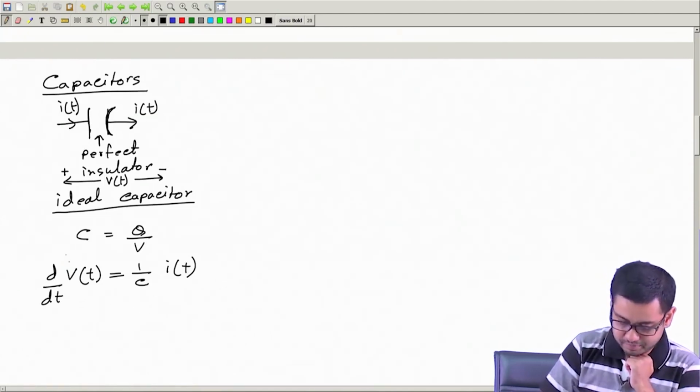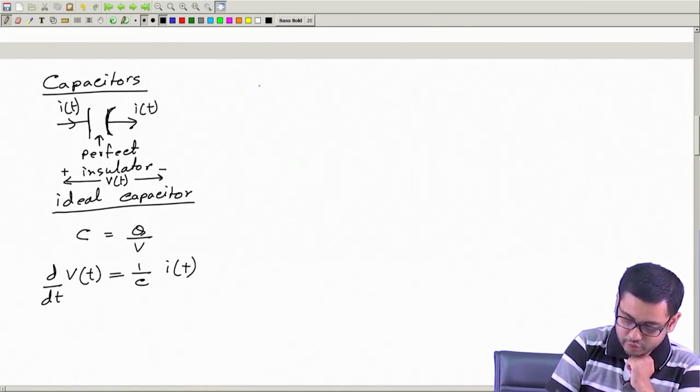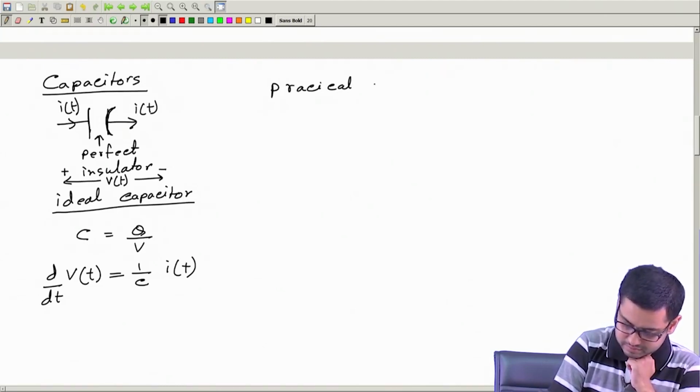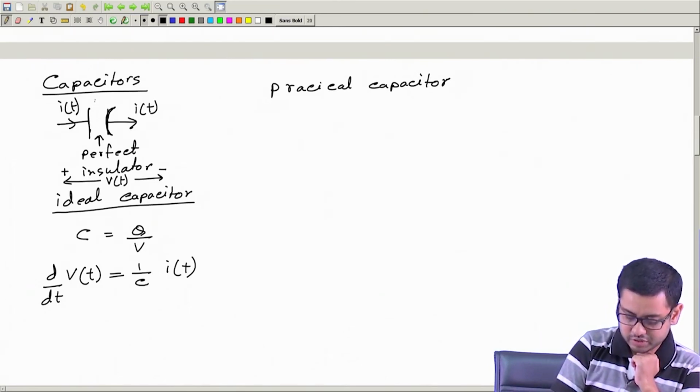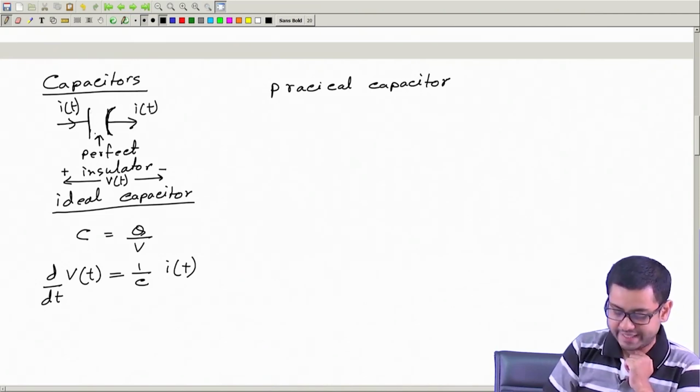So, this is an ideal capacitor. Now, a practical capacitor will always have some leakage from one plate to the other through the dielectric.